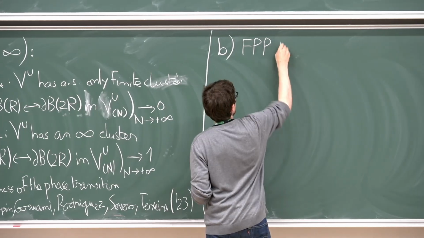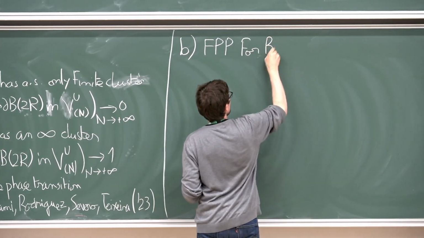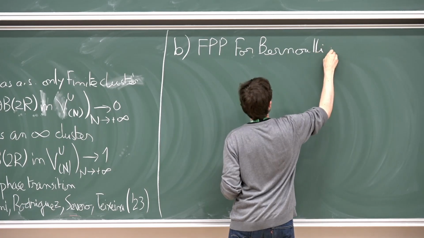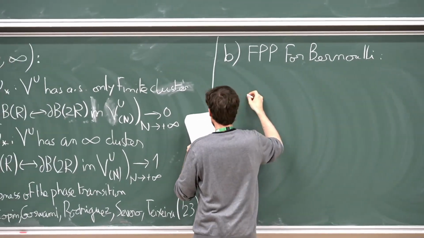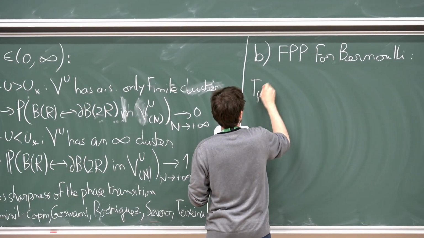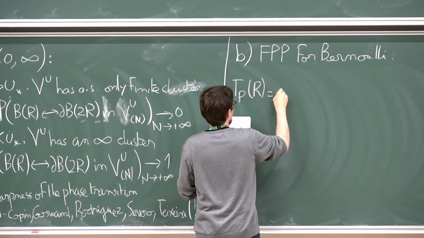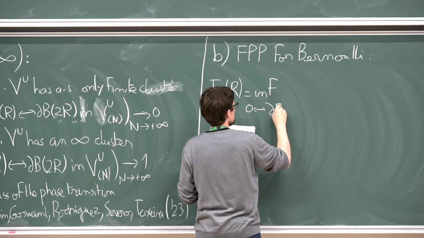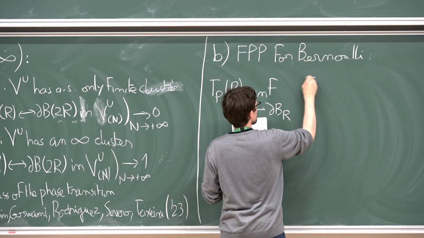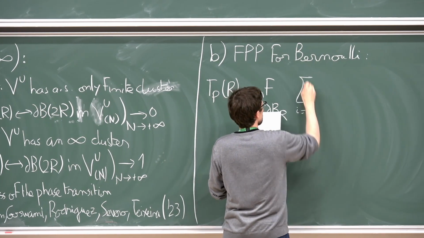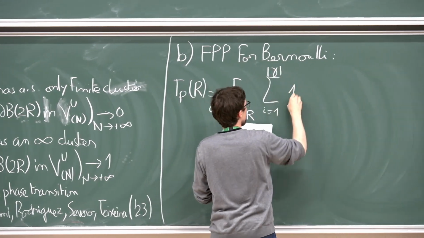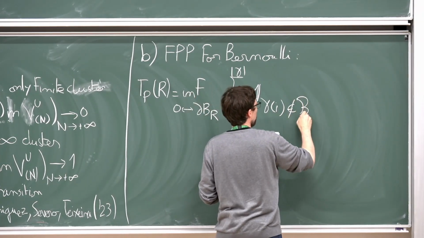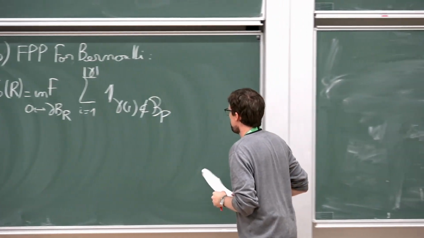FPP for Bernoulli percolation. So you can define very similarly as I did over there your first passage percolation TP, the shortest path from 0 to BR, where what you're trying to avoid now is not your interlacement set anymore, but your complement of your Bernoulli percolation.